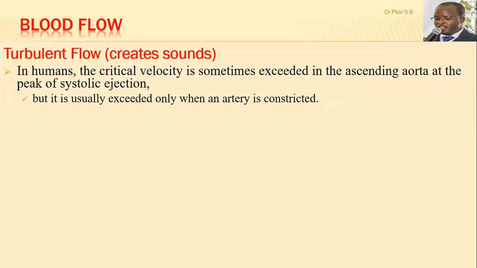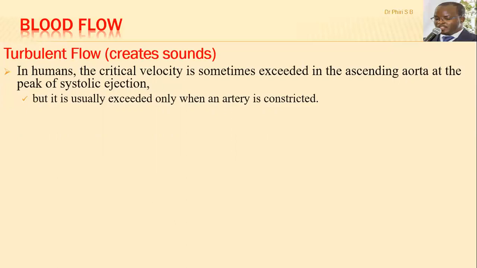Sometimes in humans, this systolic pressure can result in production of sounds, which are called turbulent flow of blood. So you can get murmurs as a result of abnormal flow of blood when the velocity has increased so much.